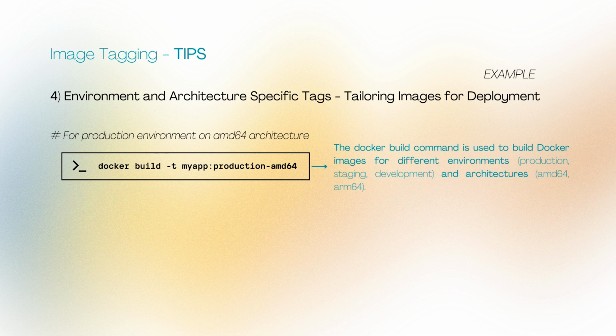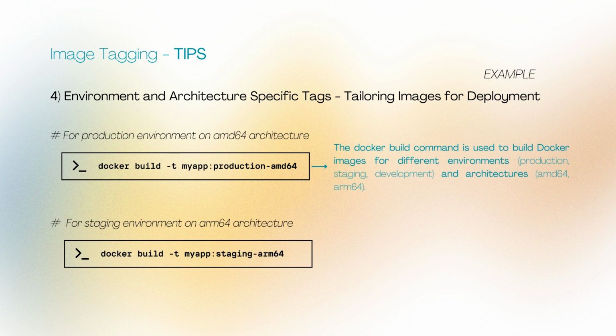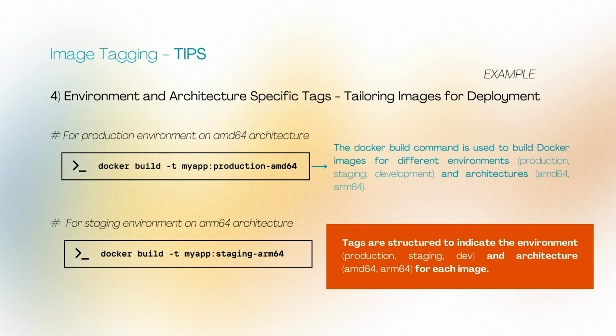In this case, the docker build command is used to build these Docker images for different environments. We could also use examples for staging and development, or different architectures, maybe something like ARM64 as well. Tags are structured to indicate the environments, production, staging, dev, and architecture, AMD64 or ARM64 for each image.